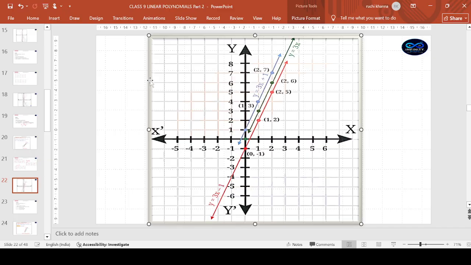I'll just change the color of the pen to explain better. It will pass through the origin.